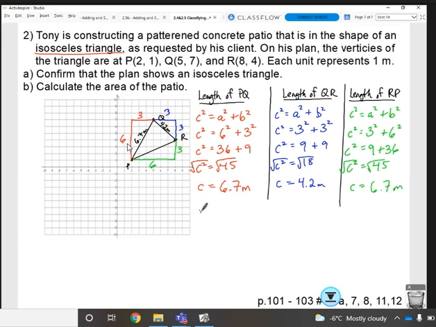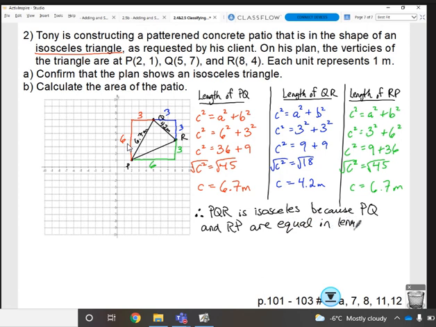So for part A, we'll say, therefore, PQR is isosceles, because PQ and RP are equal in length. And that's not too shabby at all. Oh, I forgot to go 6.7. 6.7. Okay.